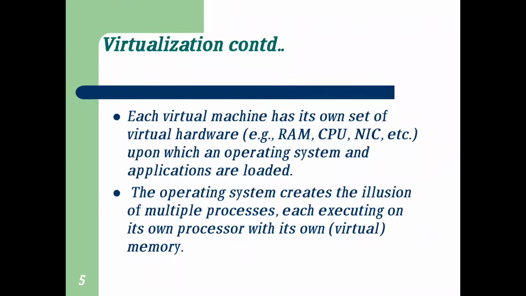Means that software provides that it has the RAM like that, but only one RAM for one system will be there. Because of the virtual machine, it will create other RAMs, other CPU, other NIC. Okay, that is virtual RAM, virtual CPU, virtual NIC, network interface card. This is all about virtualization, okay.